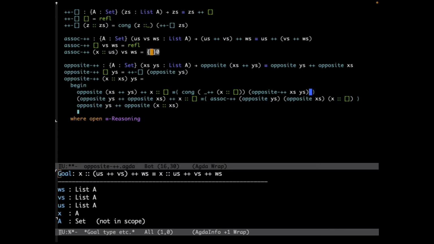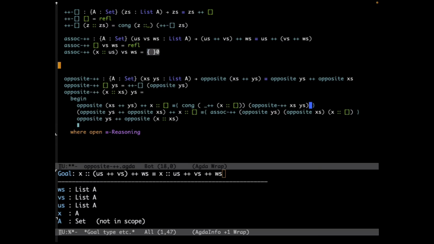If we cong the function adding x to the front, perhaps. By the way, this thing here, the parentheses are really like that. This is how the parentheses are.